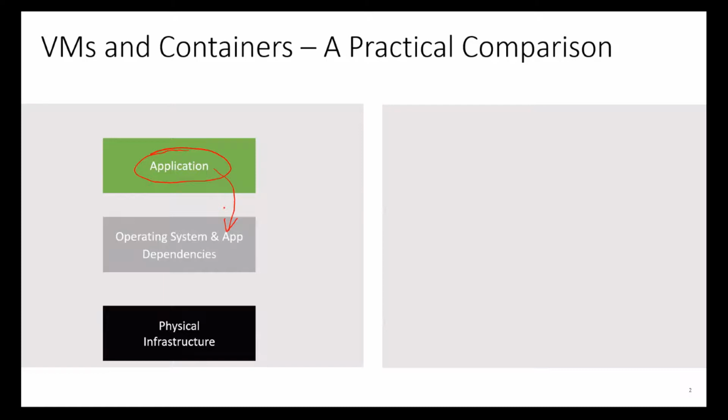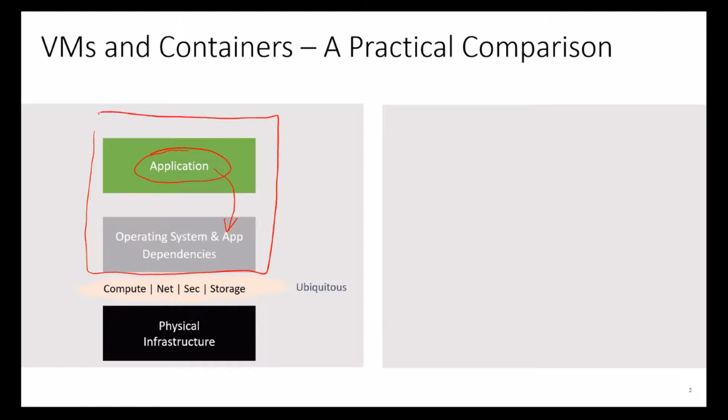And that's where things start to get complicated. Certainly this box up here represents your virtual machine running the operating system with the appropriate application dependencies, and in turn, my application.